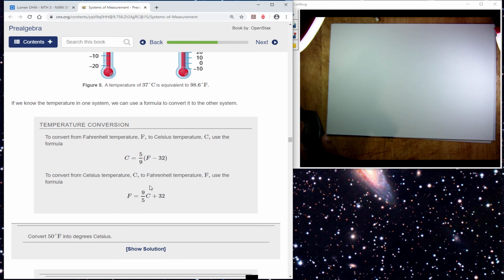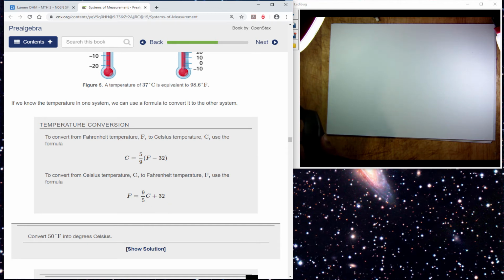When your output is Celsius, your input is going to be Fahrenheit. When your output is Fahrenheit, your input is going to be Celsius.